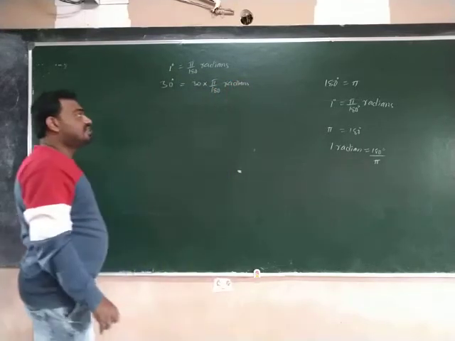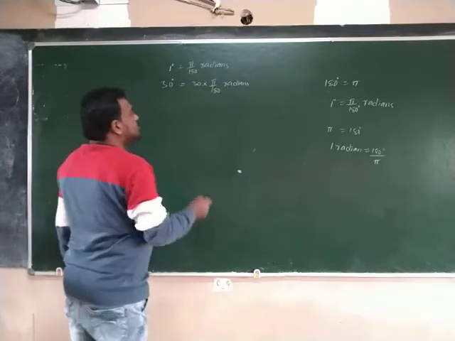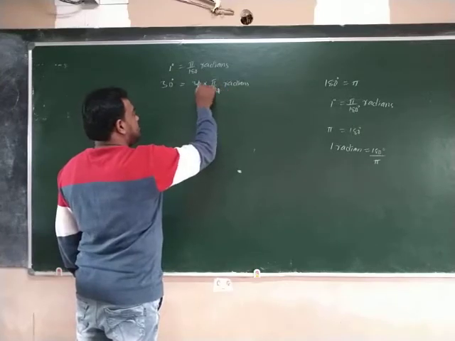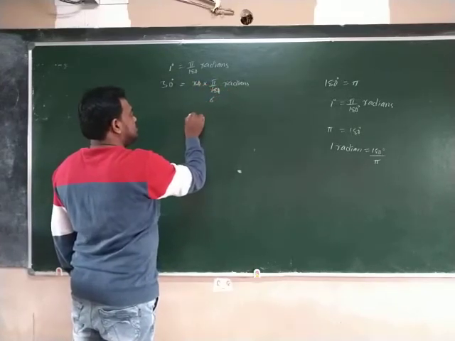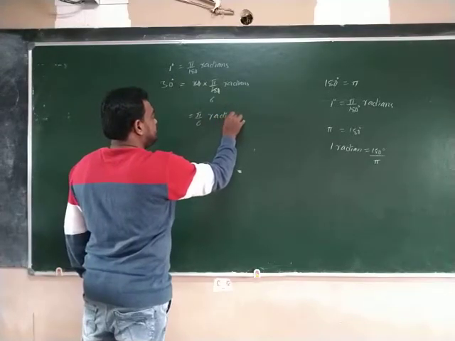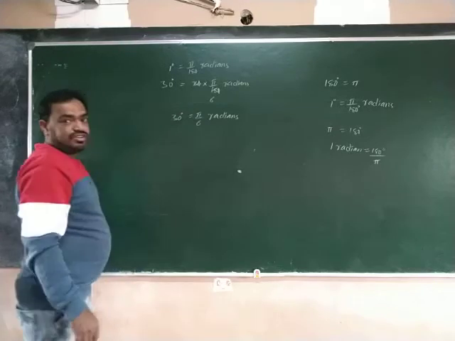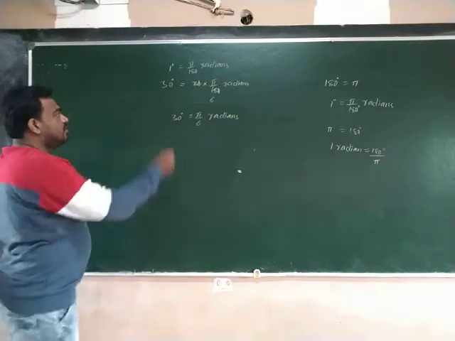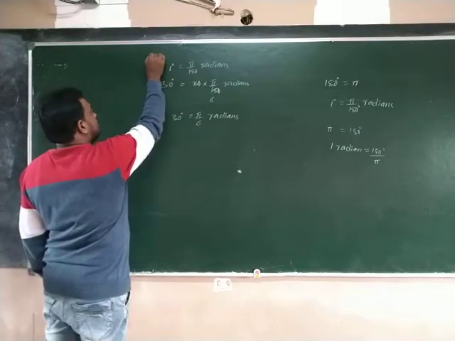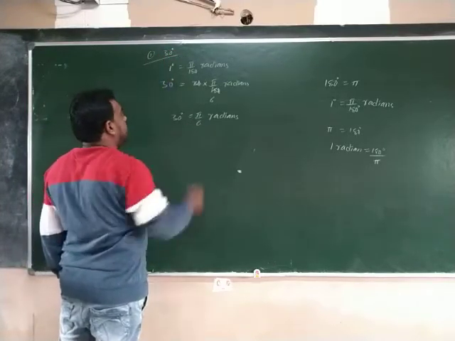The 0 gets cancelled. 3 ones are 3, 3 sixes are 18, so this is equal to pi by 6 radians. So 30 degrees is equal to pi by 6 radians. Like this we are converting.